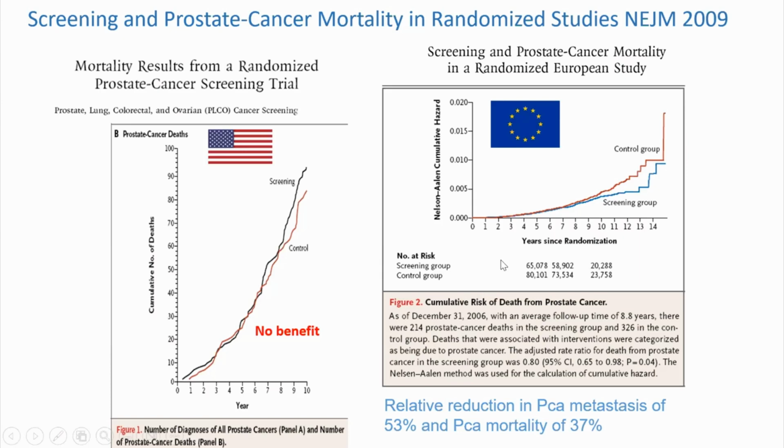The other study was a European study. It's a positive study with a relative reduction of prostate cancer metastasis of about 50%, and reduction of mortality by prostate cancer of about 37%.